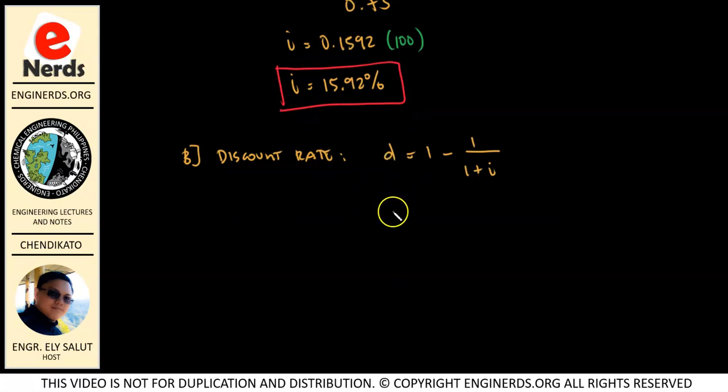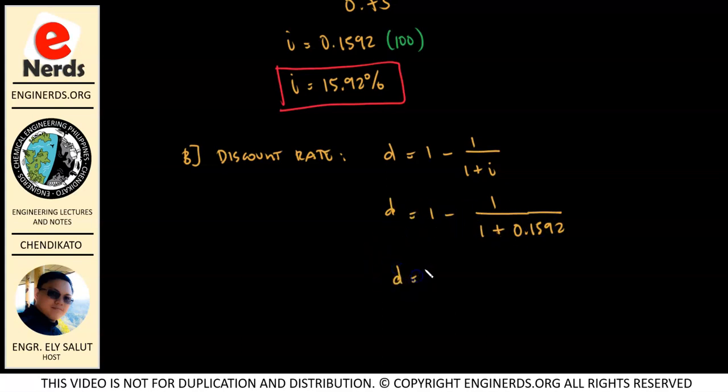So our D is equal to 1 minus 1 over 1 plus our I, which is 0.1592. Let us solve that.